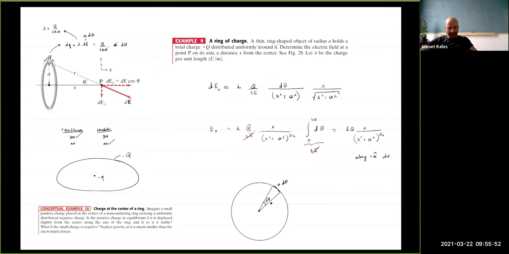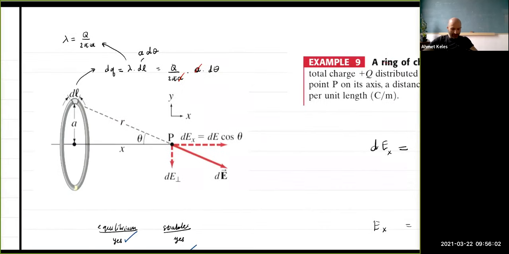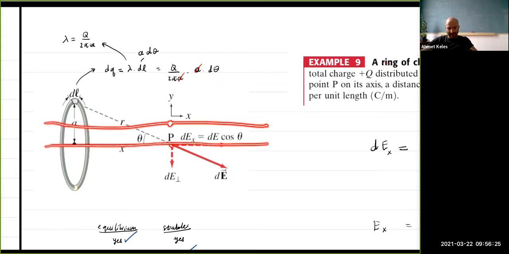I think for most of the class, we will probably have these nice things. For example, your book chose a nice circle, which is rotationally symmetric. Not only that, it also chose the point to be on that axis. So if you have the appetite, I challenge you to calculate the electric field a little bit off-axis.